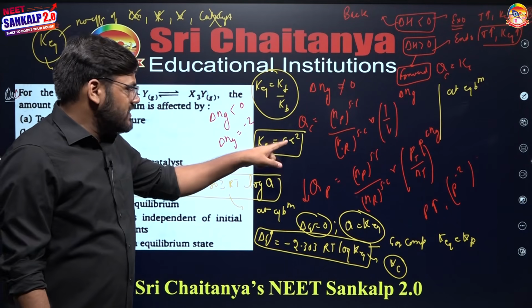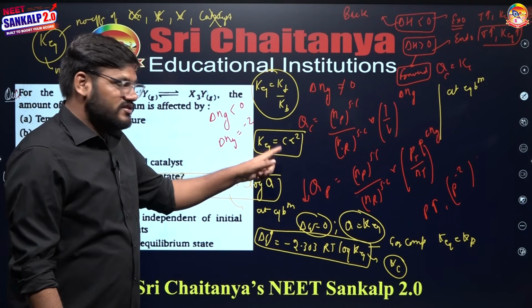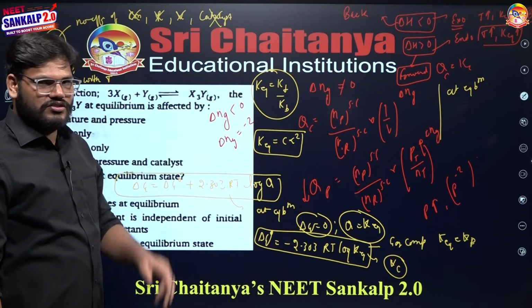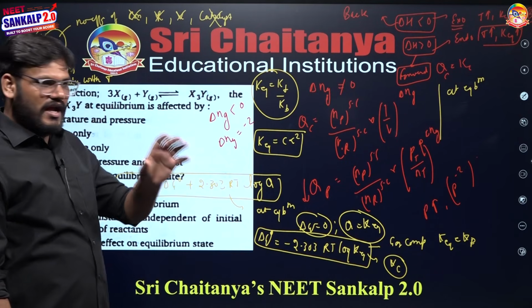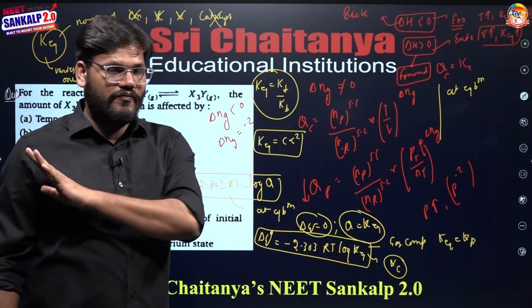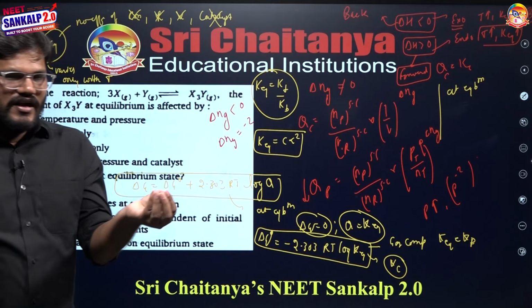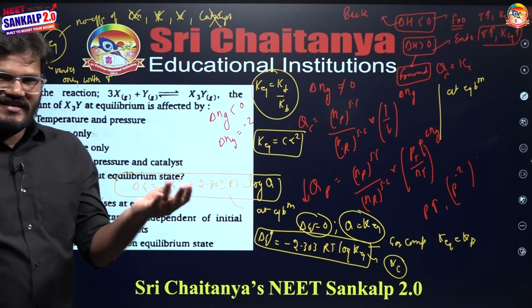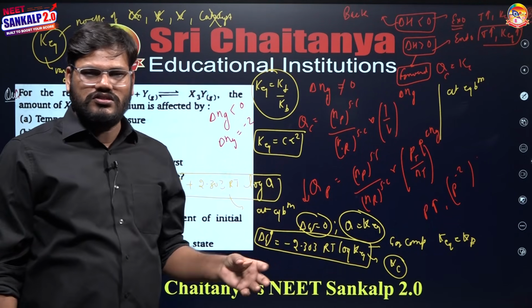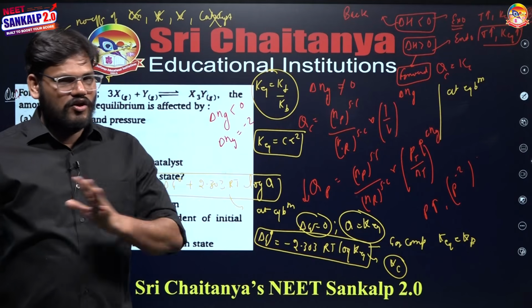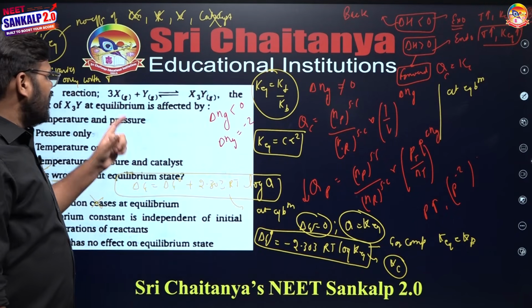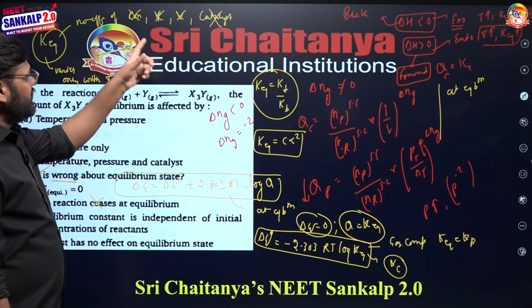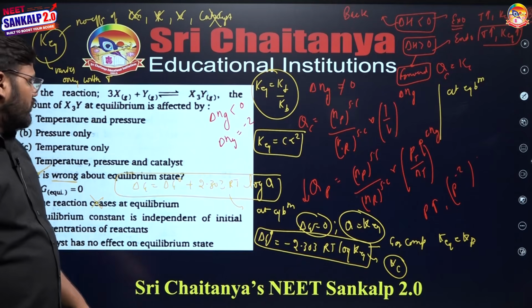No. If you change alpha, then in such a case concentration will also change at a given temperature. So at a given temperature K equilibrium remains constant. The different types of K equilibrium constants are acid dissociation constant, base dissociation constant, and solubility product, and they will not change by changing alpha, concentration, pressure, volume, or catalyst. Very important point.